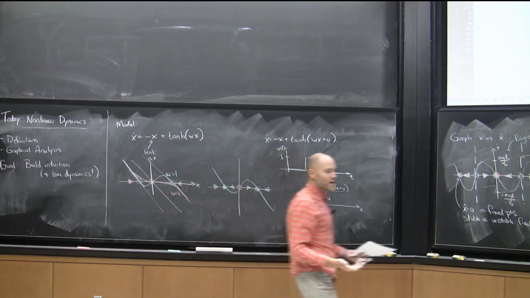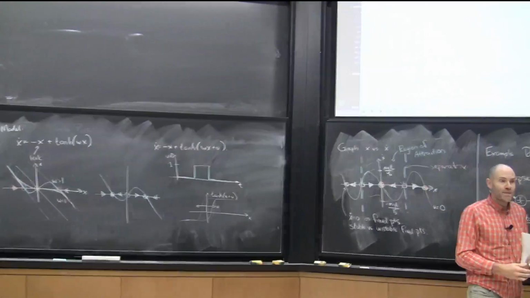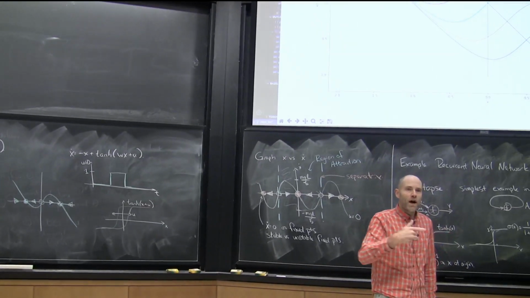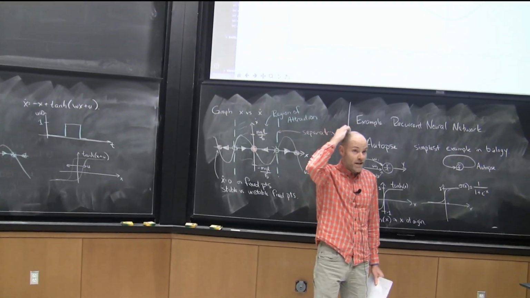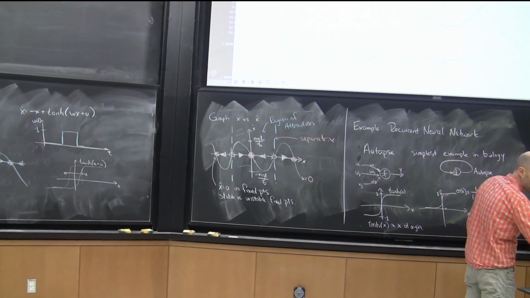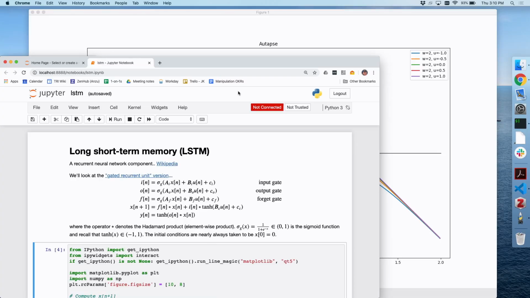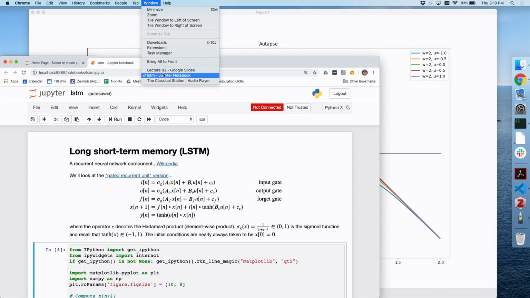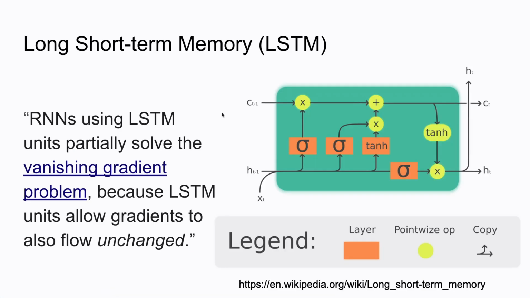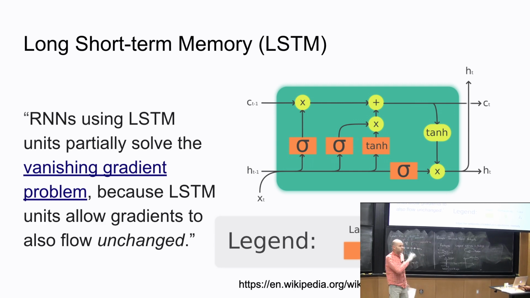More famous than the autapses, these days people talk about LSTM networks, long short-term memory. So this is short-term memory. How would you get a longer short-term memory? This is the stuff of deep networks, and if I want to do a recurrent network, this is what you did last year.